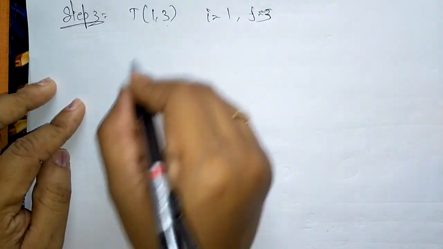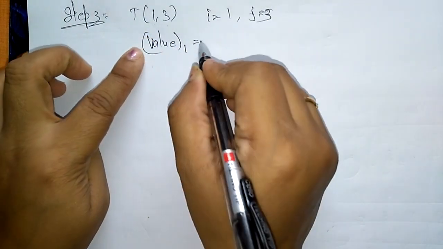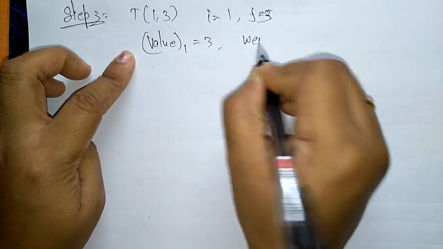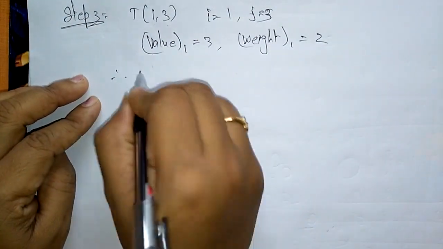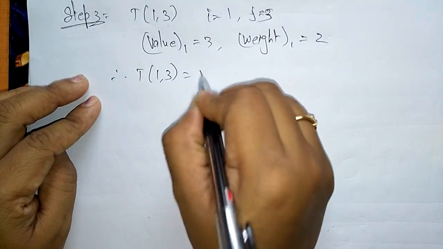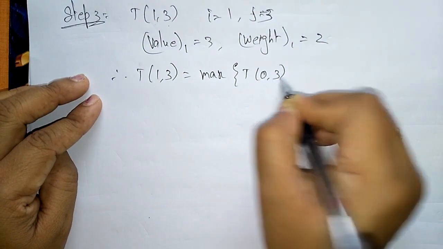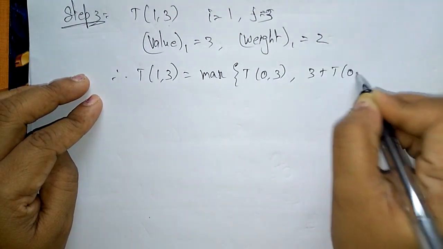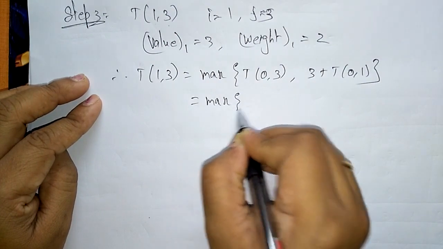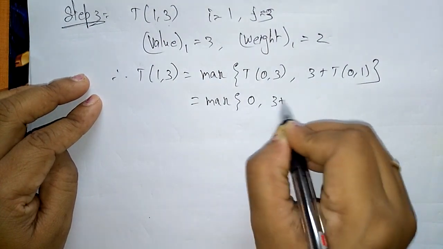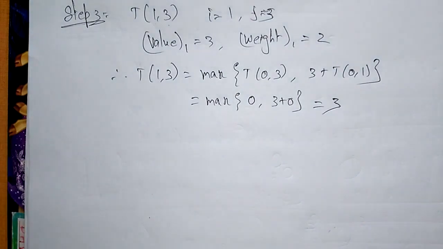The value of 1 is 3, and the weight of 1 is 2. Therefore T of 1 comma 3 is equal to T of 0 comma 3 comma 3 plus T of 0 comma 1. So 0 comma 3 is 0 and this is 3 plus 0. So the maximum value, T of 1 3, is 3.